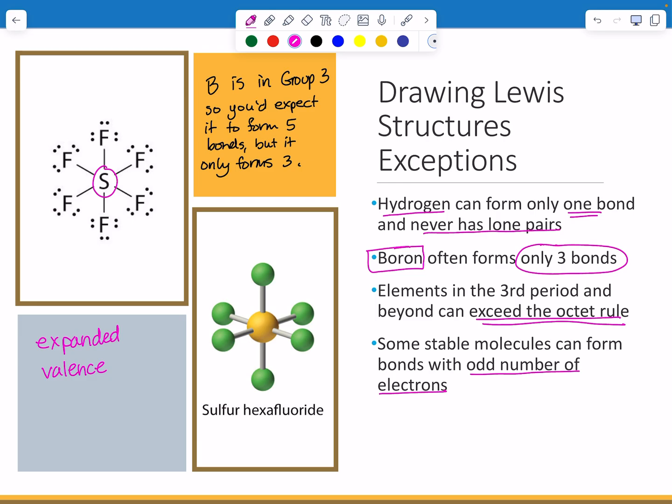We'll talk about what those are, but they're essentially molecules that have an unpaired electron. If you have molecules with odd numbers of electrons, you're going to have an electron that doesn't have a partner, that's not paired. You're going to have a radical. We call them free radicals.